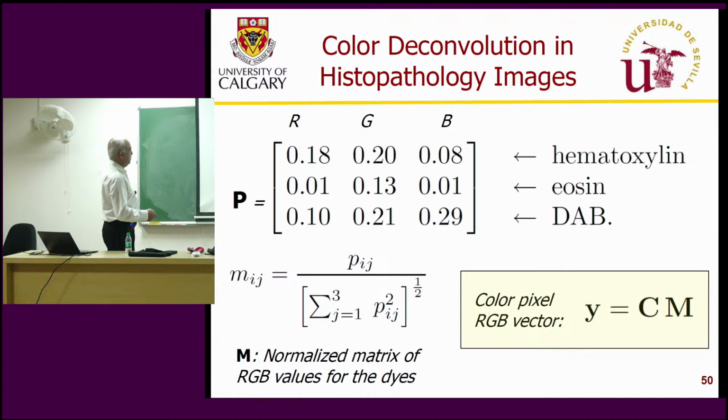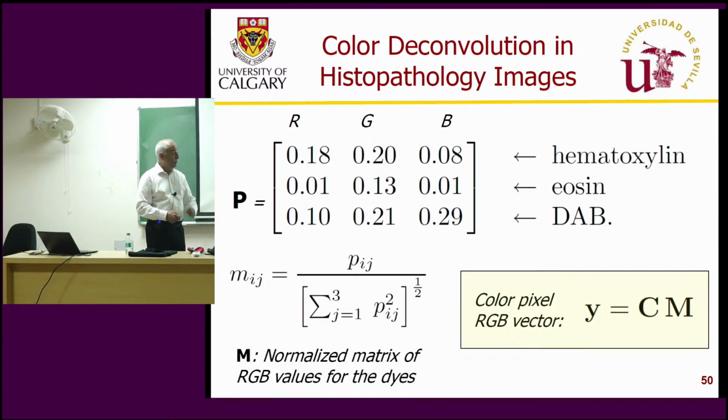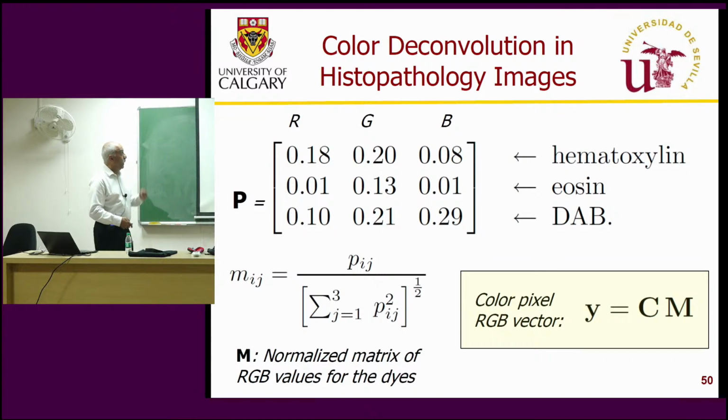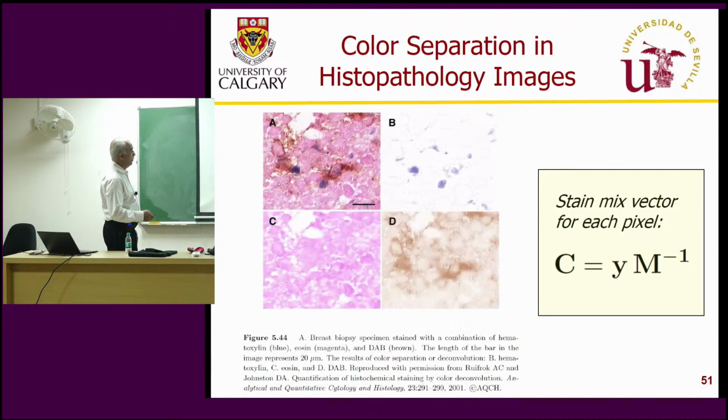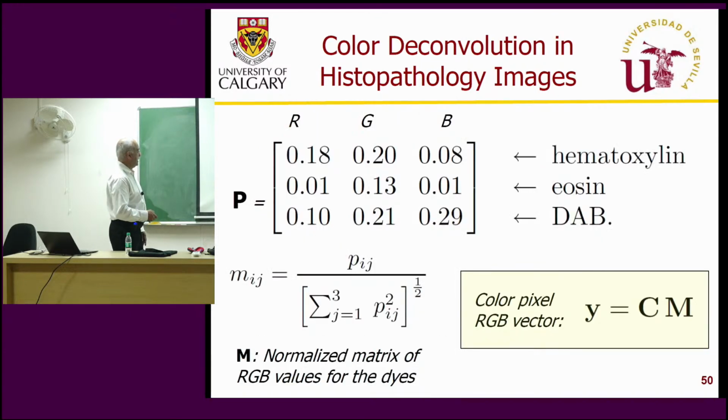So for a pixel Pij, it's normalized, Pij over the square root of the sum of the squares. The color pixel RGB, it's not the whole image, but 1 pixel. Y is Cm. It's like a mixture model. And then you want to get the actual color, Y M inverse. M is the normalized matrix of the RGB values for the dyes. That is, this is normalized.